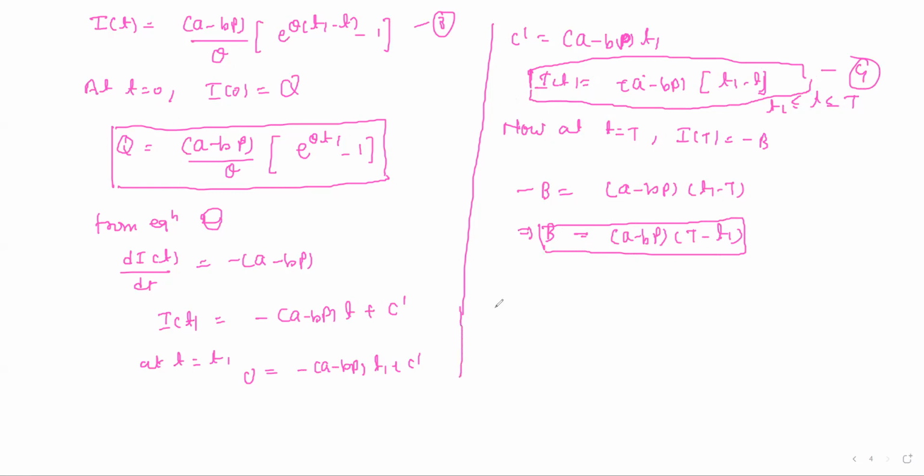Now we go for the next step, which is inventory cost. Okay, so first one is ordering cost. So this will come C1. Now the second one is holding cost.